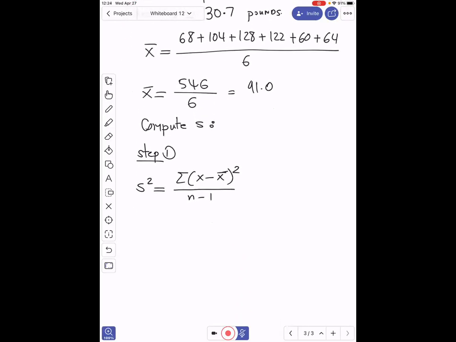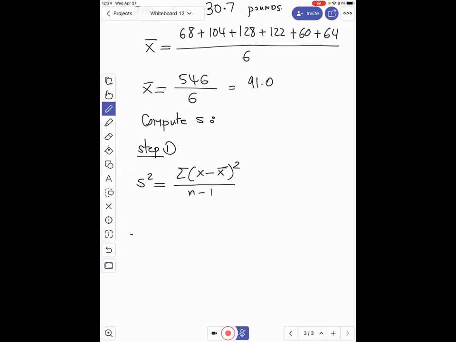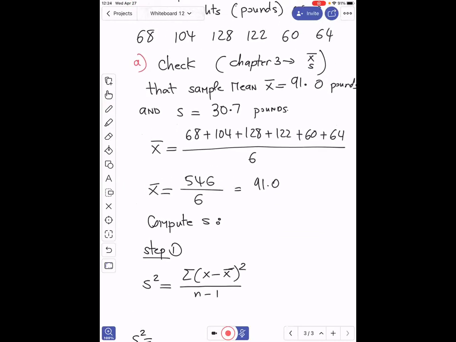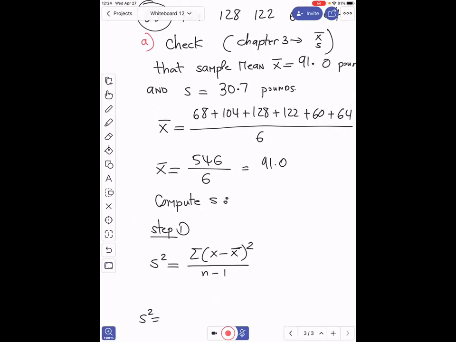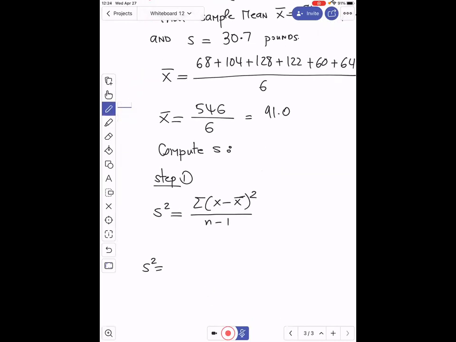What we are supposed to do is take the first value, 68, and subtract the X bar. X represents your data value, and X bar is your sample mean, the average.